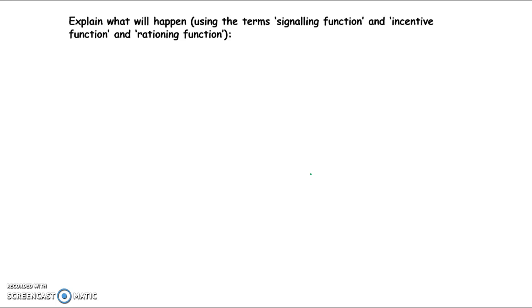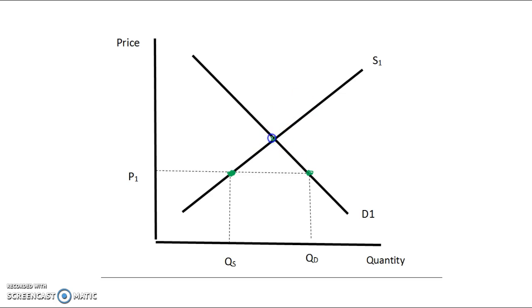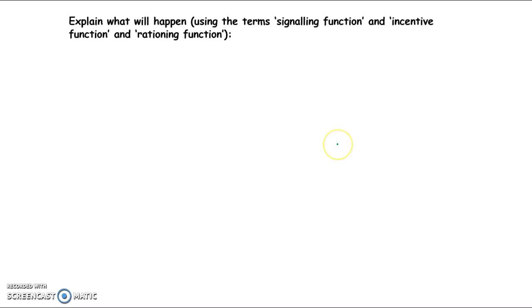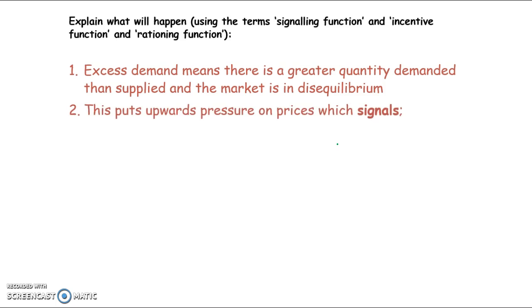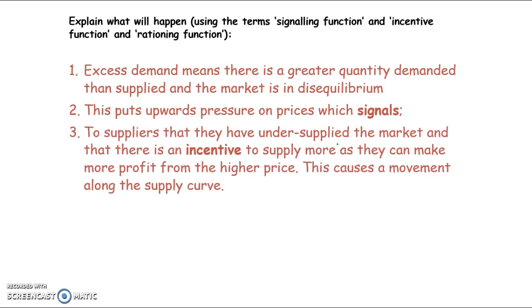Okay, so what happens to get it to equilibrium? We know that we've got to get to this point here. Okay, so what's going to happen? Well, there's going to be a signal. Excess demand is the situation we start off at, and this is going to cause a signal. This is going to put upwards pressure on prices, which signals to suppliers that they've undersupplied the market, and so there's an incentive to supply more as they can make more profit from the higher price.